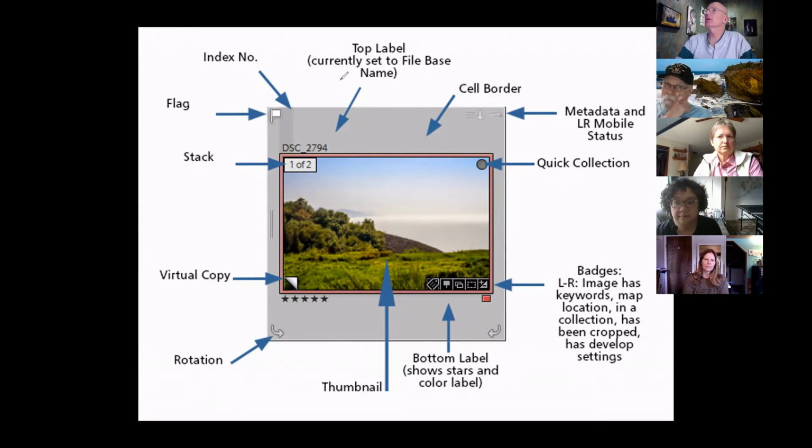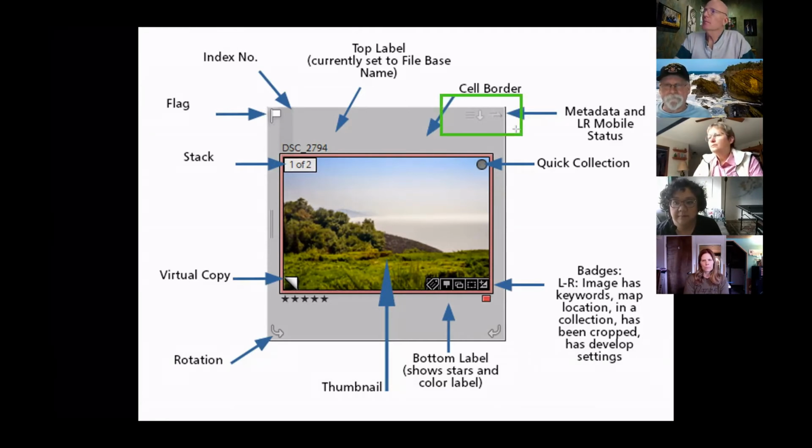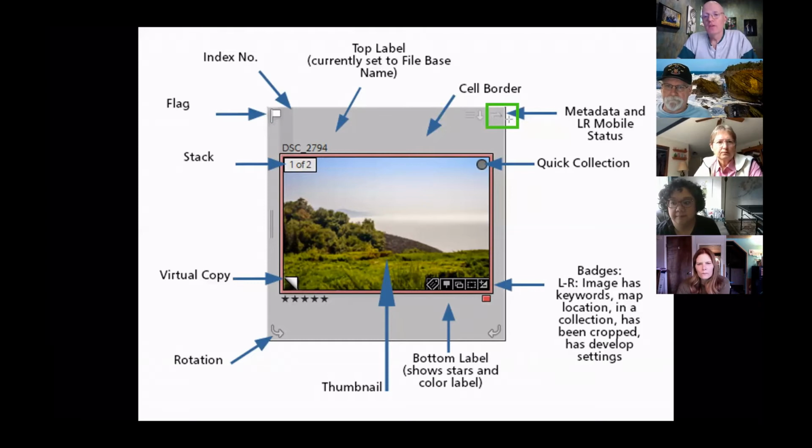A couple things I wanted to point out here: up in this corner of your thumbnails, there are a bunch of symbols. If you're using Lightroom, that is the mobile version, this symbol right here indicates whether this particular photo has been synchronized between your mobile version and your desktop version.